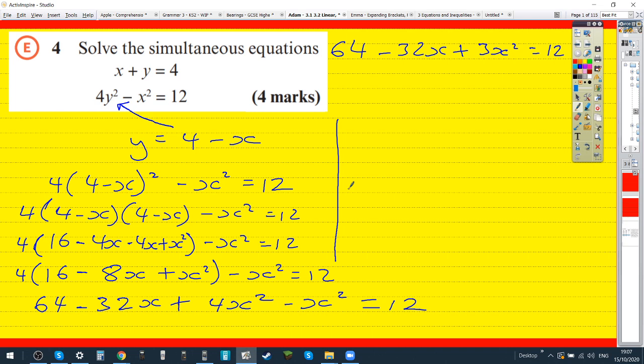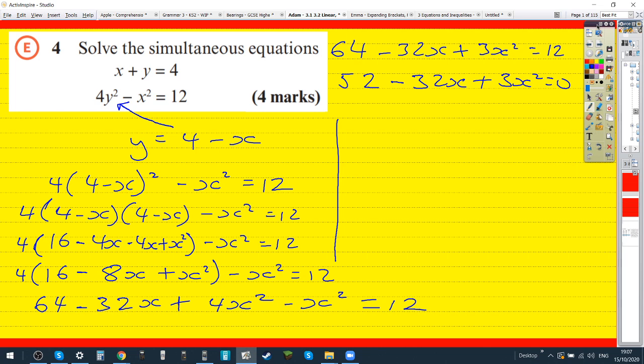And then you'd minus 12 on both sides, which would give you 52 minus 32x plus 3x squared equals 0, sorry. And then you put that into the calculator.